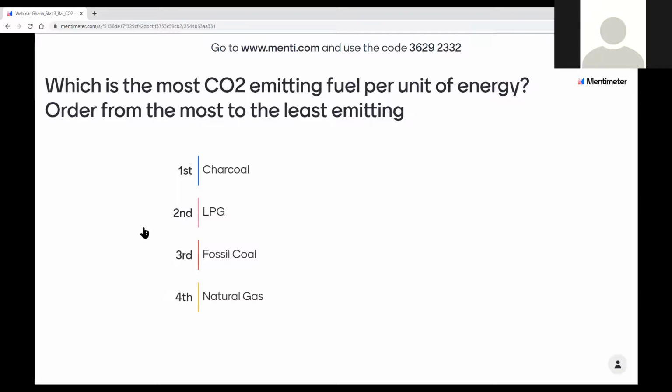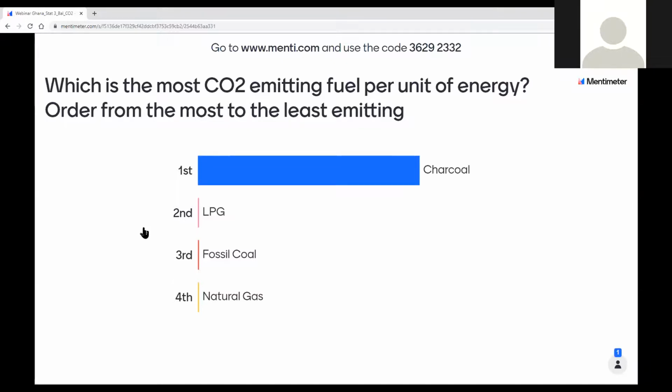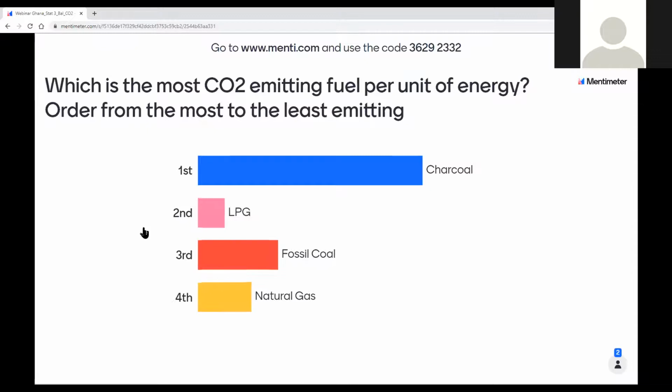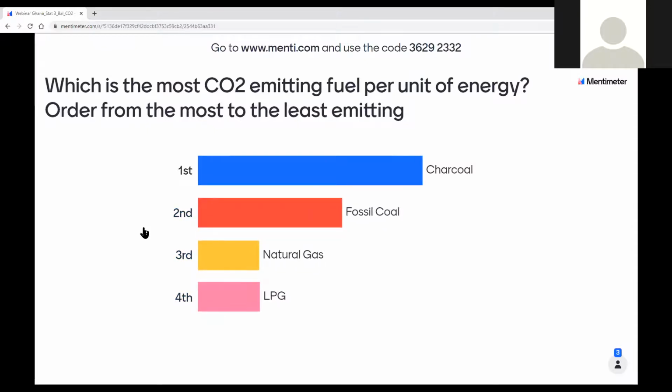Which one do you think emits the most? So here we are thinking about CO2 emissions from fossil fuel.